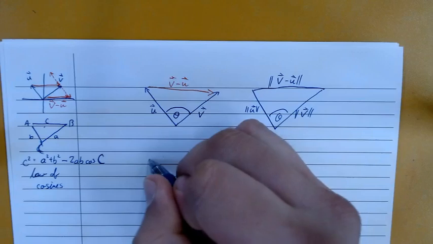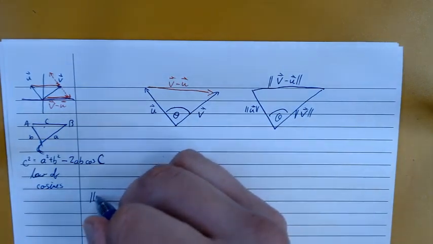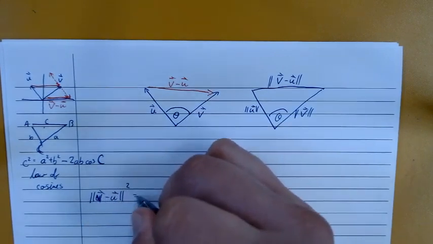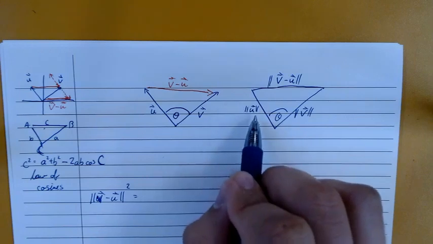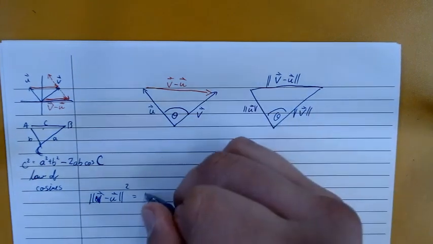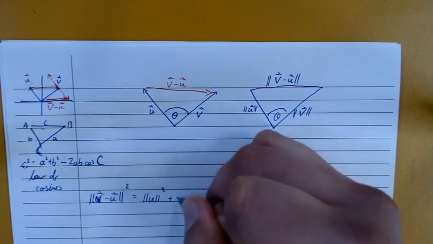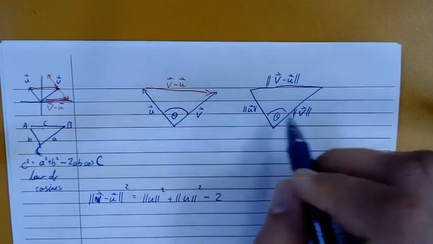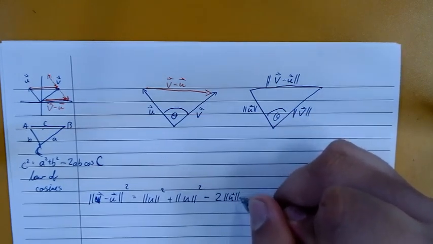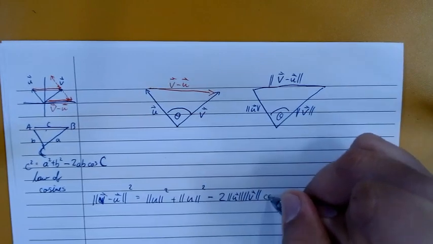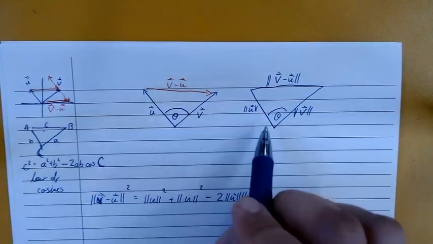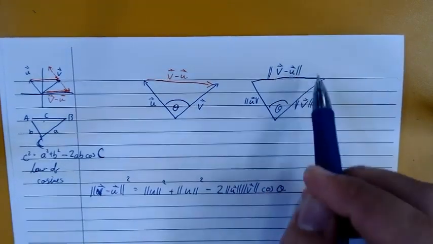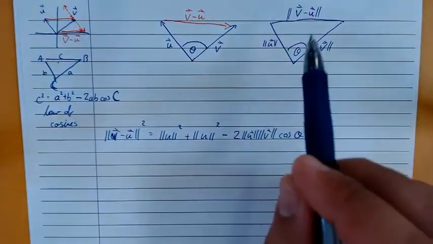Okay, so that's going to be that magnitude squared, is equal to this magnitude squared plus that magnitude squared, minus 2 times the product of the magnitudes, so I'll just call that u and v, times the cosine of the angle c, which over here I'm calling theta. Okay, so here all I've done is I've rewritten the law of cosines using these side lengths and this angle. Just changed a few symbols.